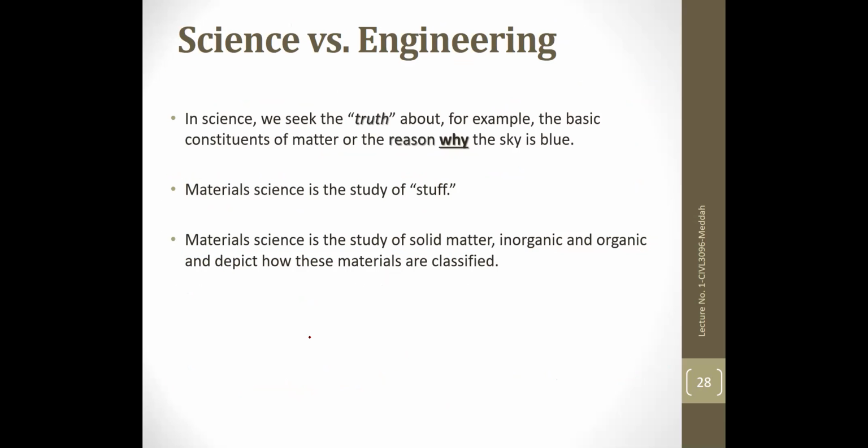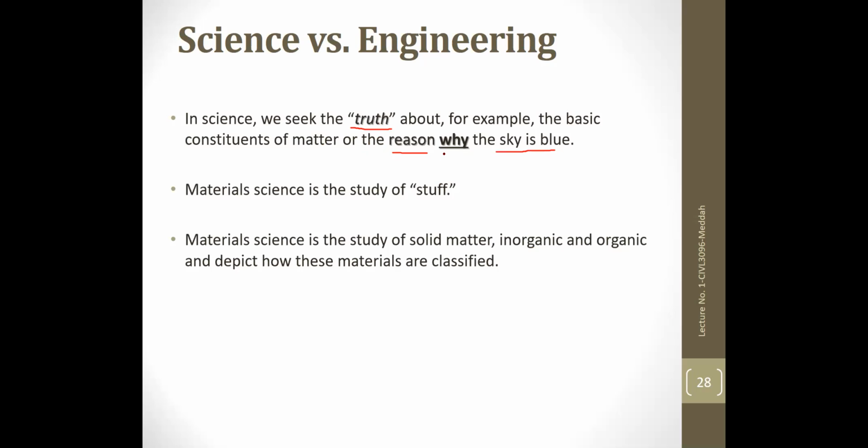So what is the meaning of material science and materials engineering? Just to make things very simple, in science, we look for the truth. We always need to explain the reason why the sky is blue. So science is looking to explain, looking for the truth, looking for the reason why.